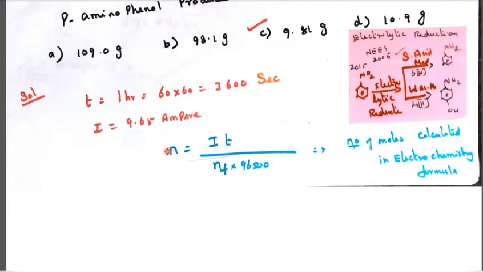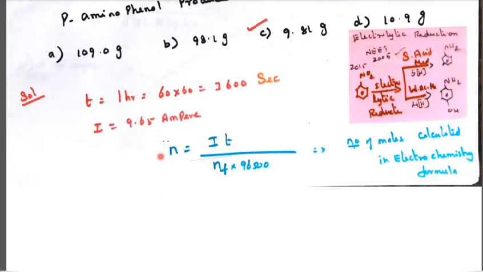But in electrochemistry, the number of moles is calculated differently. So n is equal to IT divided by nF, into 96,500. n is equal to I into t, current into time, divided by the number of electrons or valency into 96,500 coulombs.